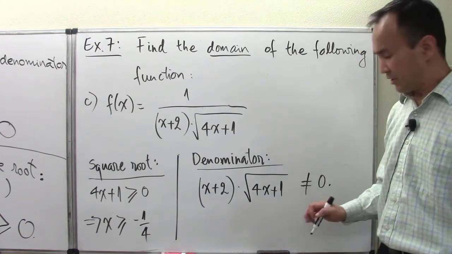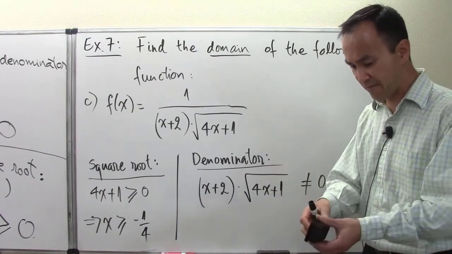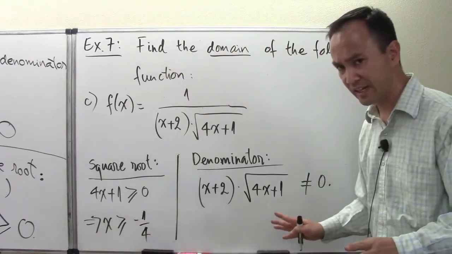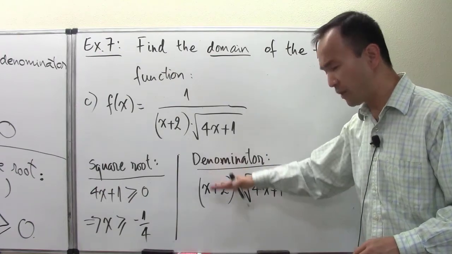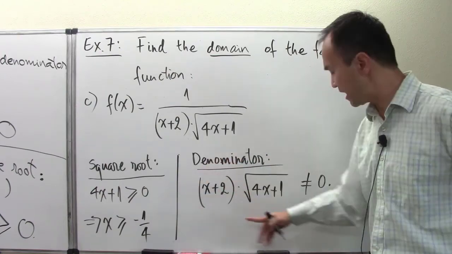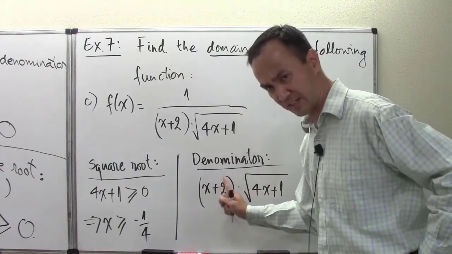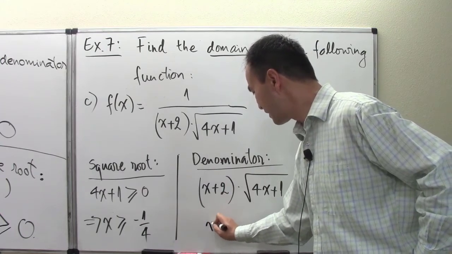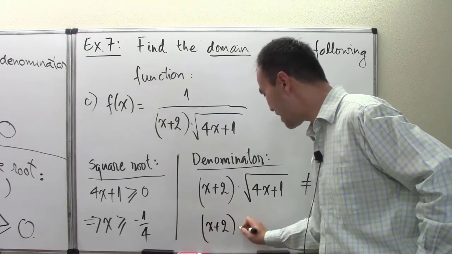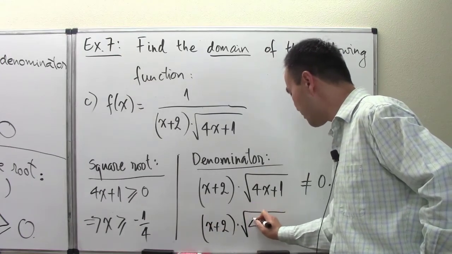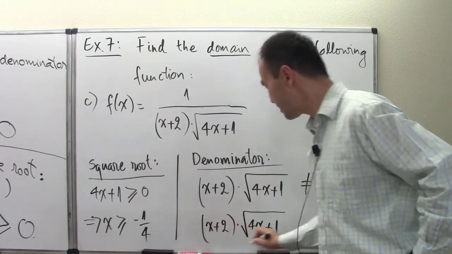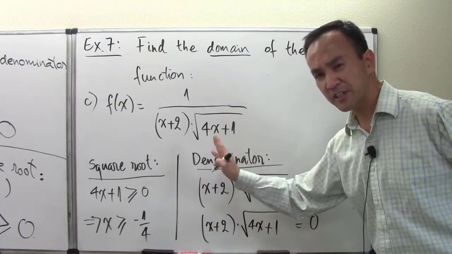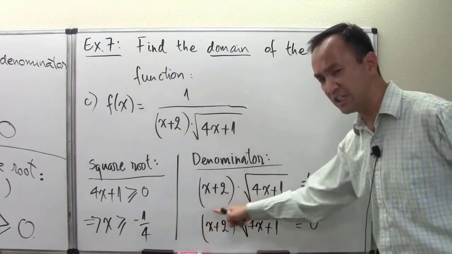Okay, so just like the same logical reasoning I pointed out earlier, in order to ensure the entire denominator is non-zero, as a solving work, we first purposely set x plus 2 times the square root of 4x plus 1 equal to 0.